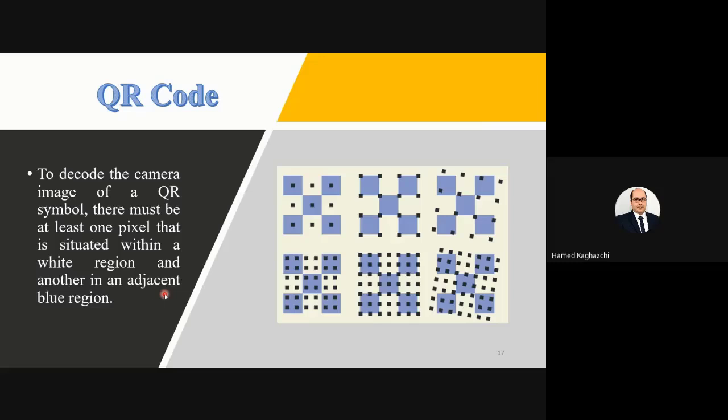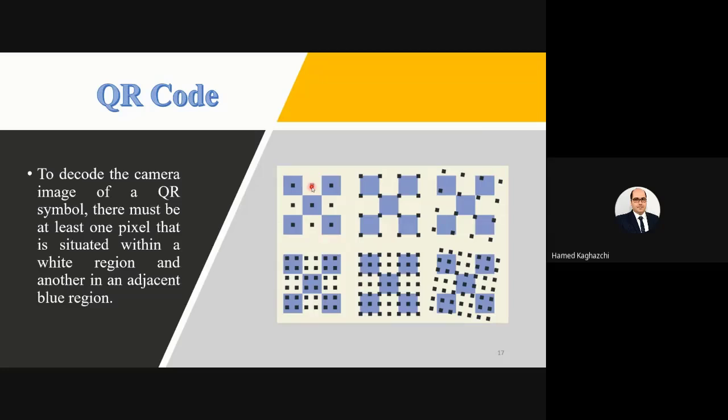As you see here, to detect the camera image of a QR symbol, there must be at least one pixel that is situated within a white region or black region. The QR regions are shown in blue or white, and the black nodes are the camera pixel locations.